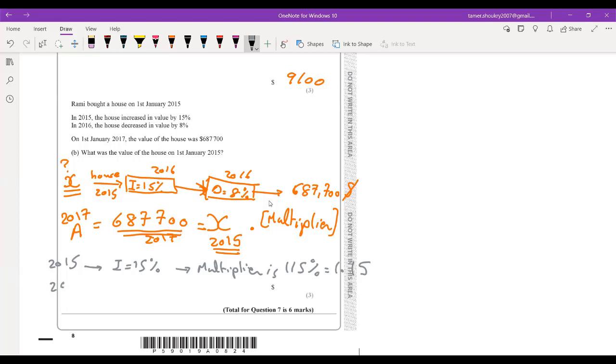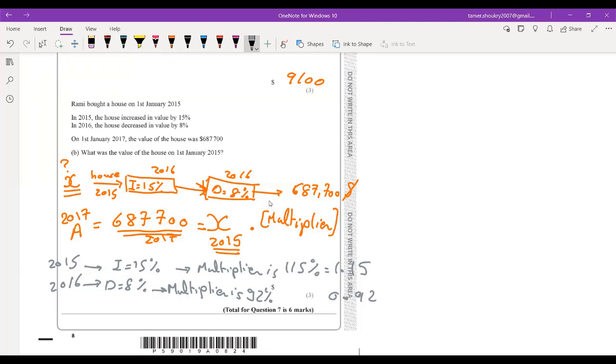Then in 2016, there was a depreciation by 8%. So the multiplier is 92%. Then 92% is 0.92.